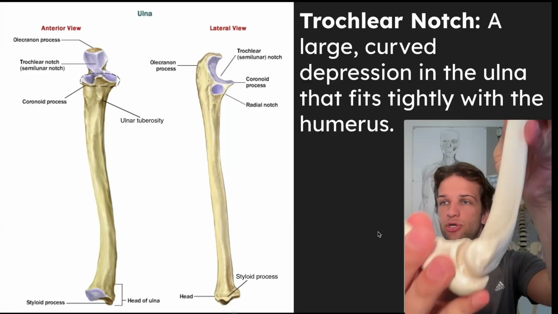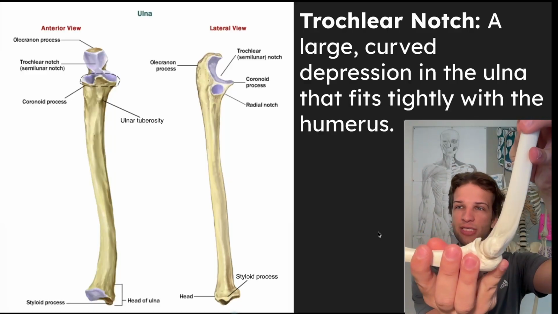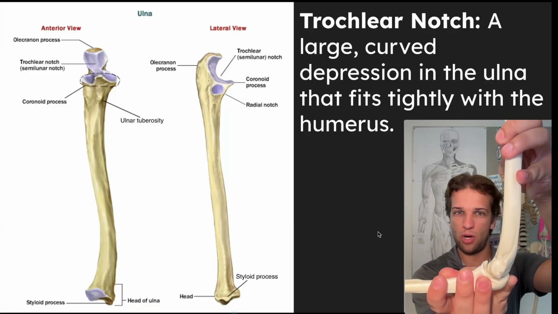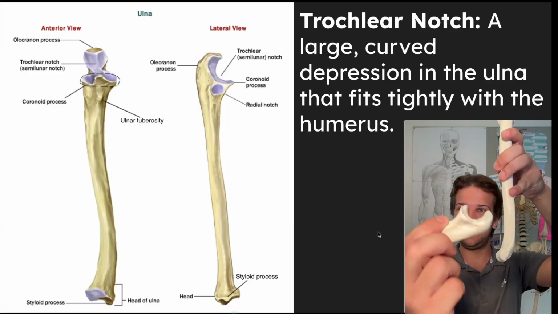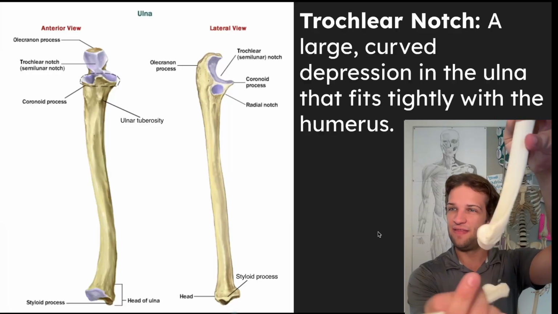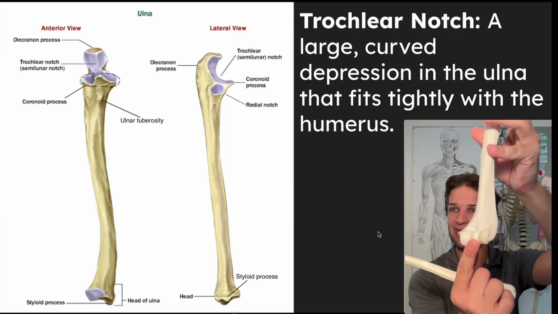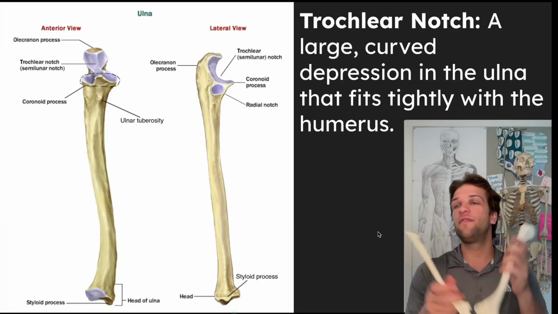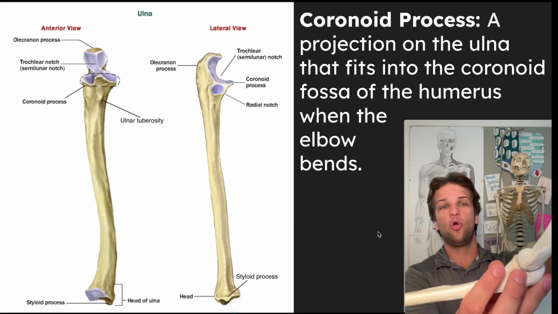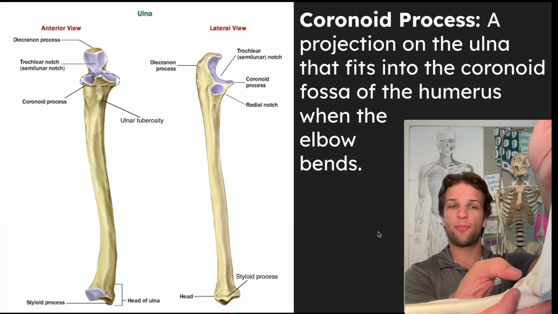The trochlear notch is what allows the ulna to snap onto the humerus. So the trochlear notch, the C shape of the ulna, slots into the trochlea, this indented track of the humerus.